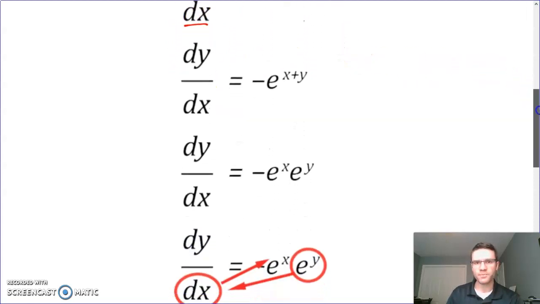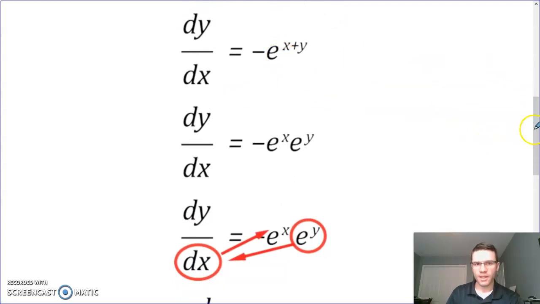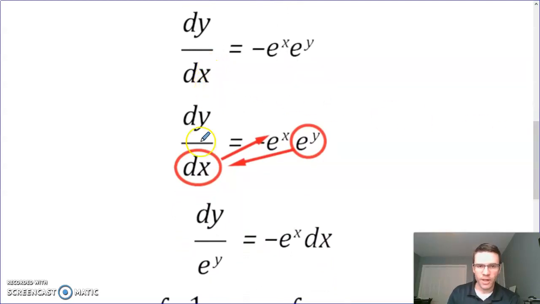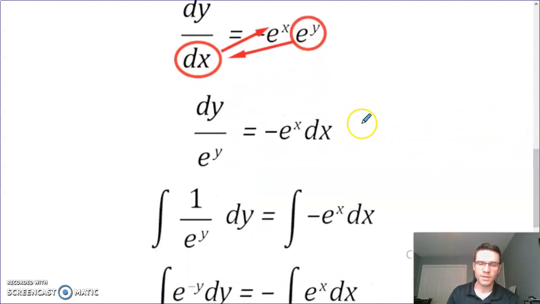So here's your steps. They move the e to the x on the other side. You can separate e to the x by adding your powers, same as multiplying the e to the x and e to the y. At this point, I want the dx to be with the x and the y to be with my dy on the y side. So they move the dx over, and step 2 is done.